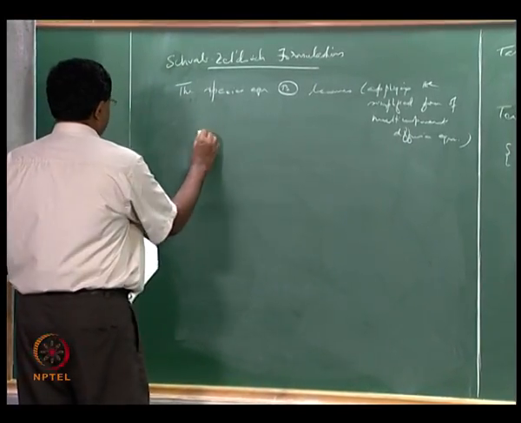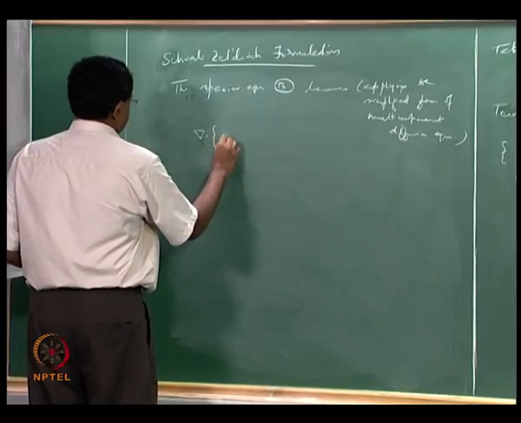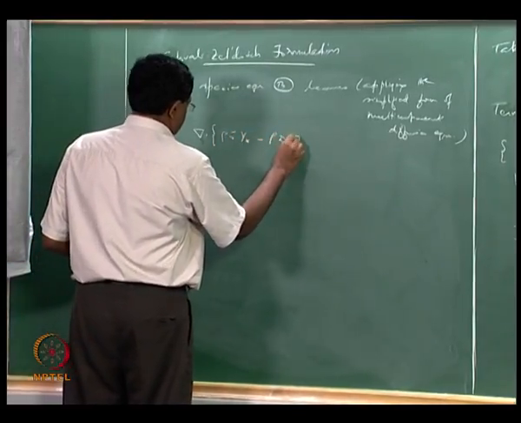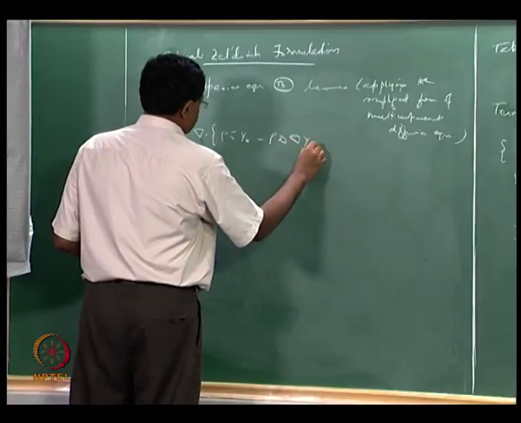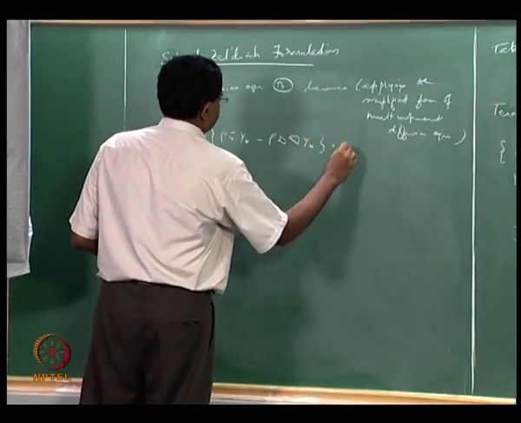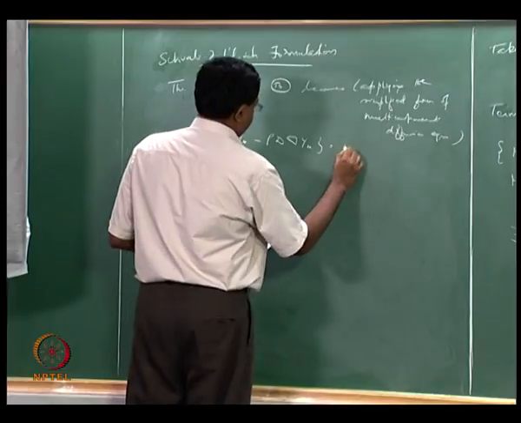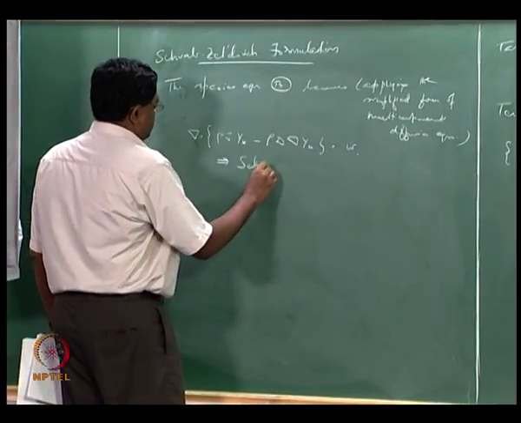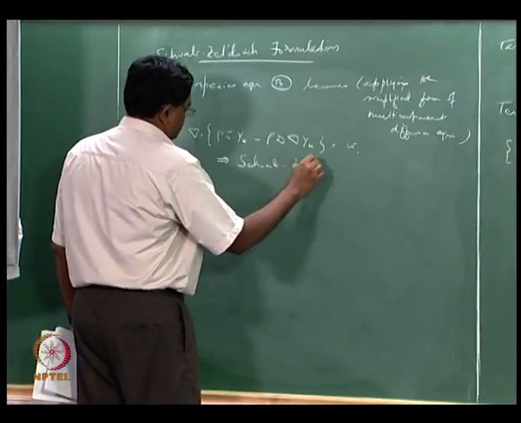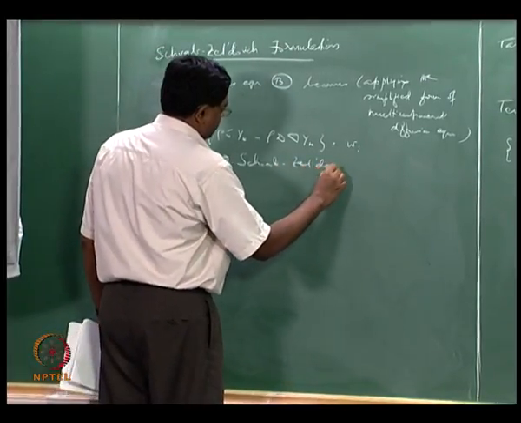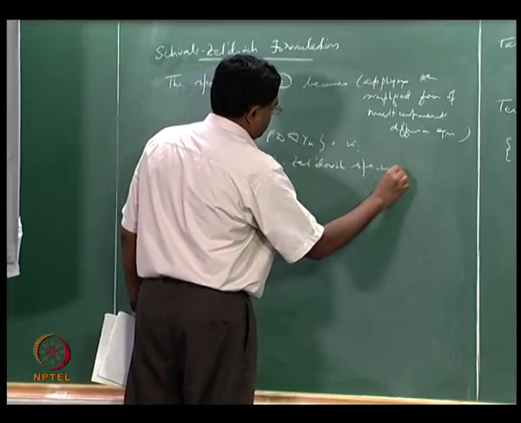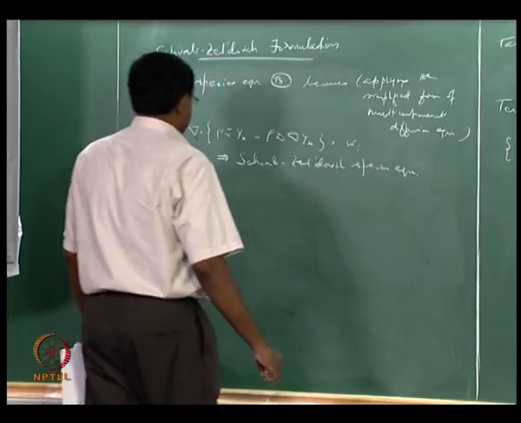we simply get divergence of rho v yk minus rho d gradient yk equals wk. This is what we want to call the Shvab-Zeldovich species equation.